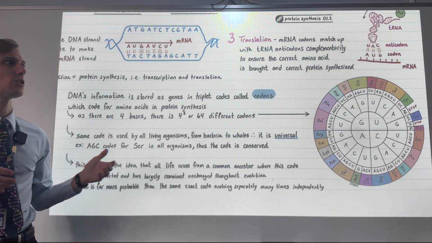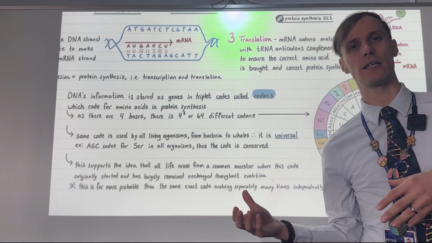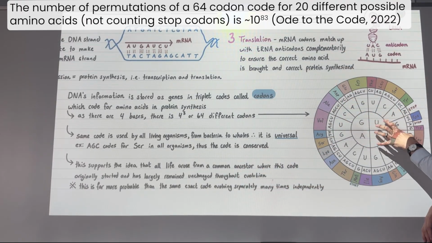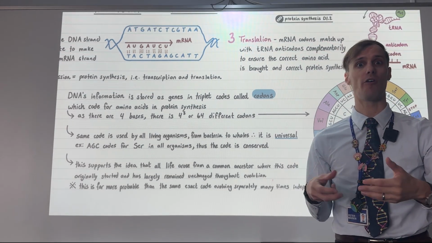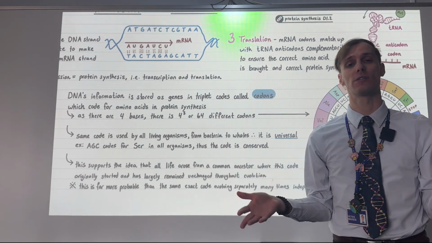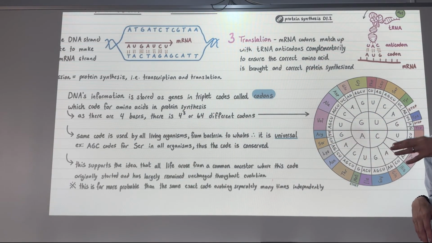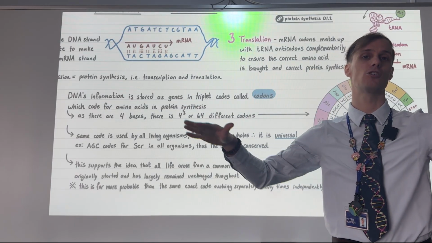Well, we have to almost look at probabilities here, and that is, what is more likely? Is it more likely that this exact same 64 codon code independently evolved multiple times throughout Earth's history? Or is it more probable that this code evolved once and then was passed on as life diverged through evolution?